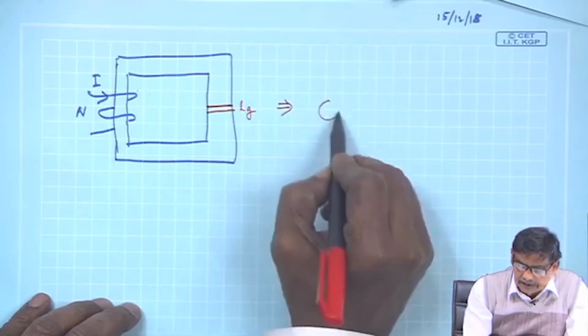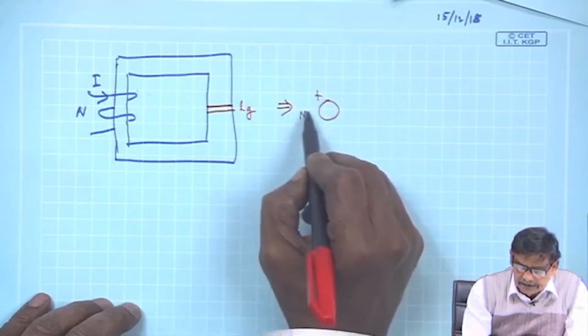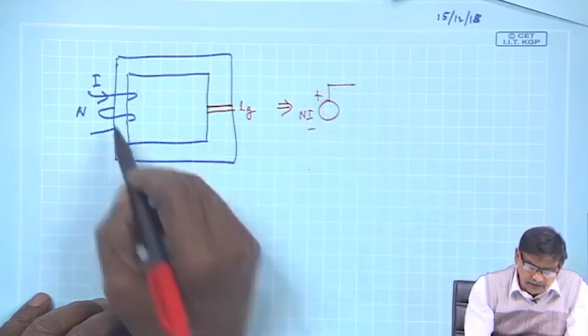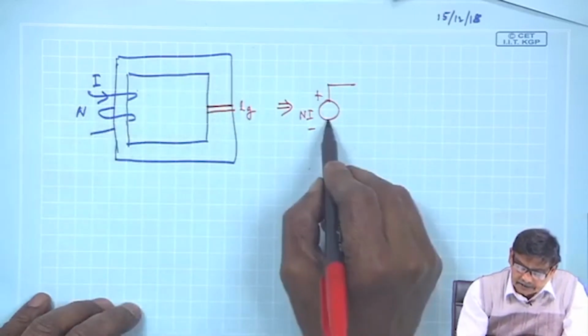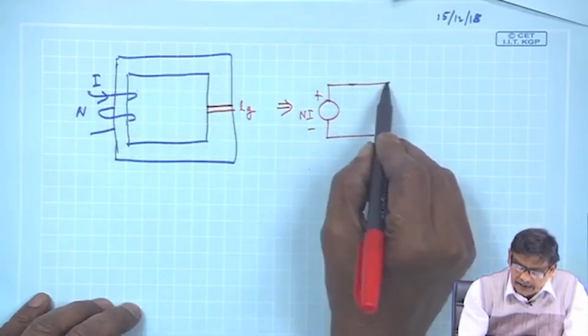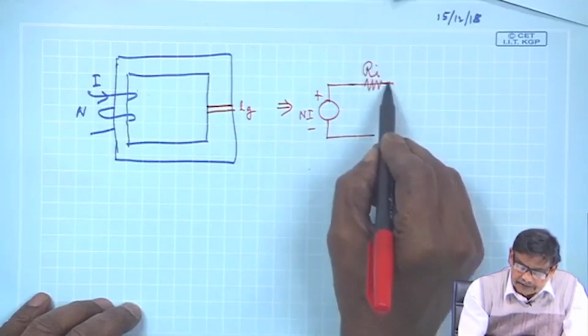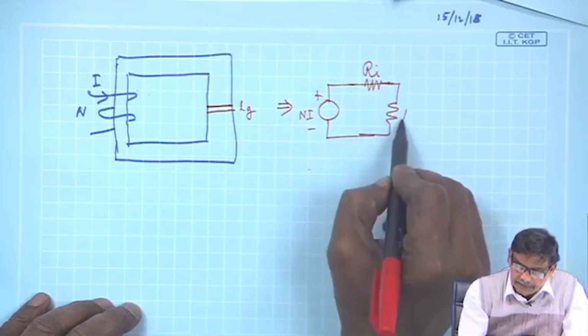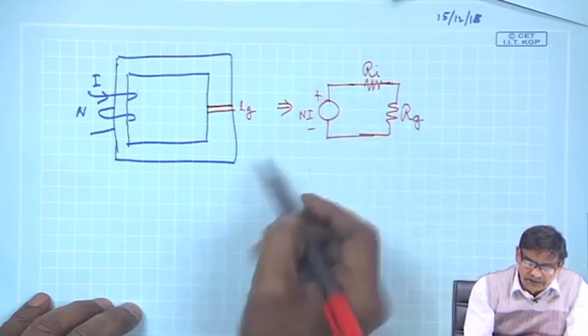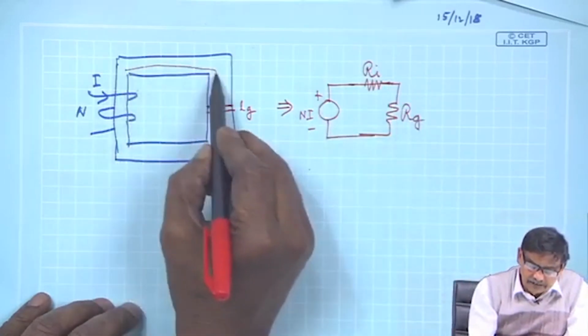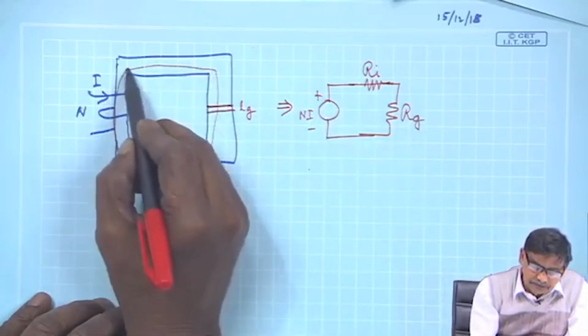So, this circuit can be written as plus minus N I. This also comes from your Ampere circuital law application, and there are two reluctances. One is due to iron, another is due to the gap. These two are in series because the same flux flows through both of them.